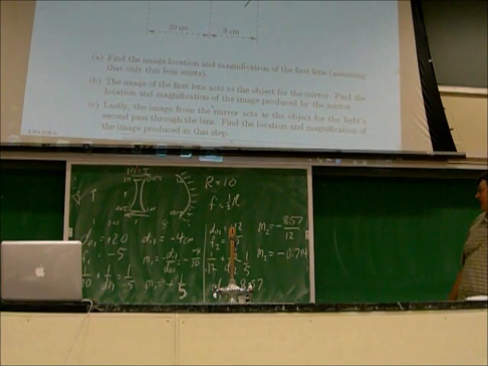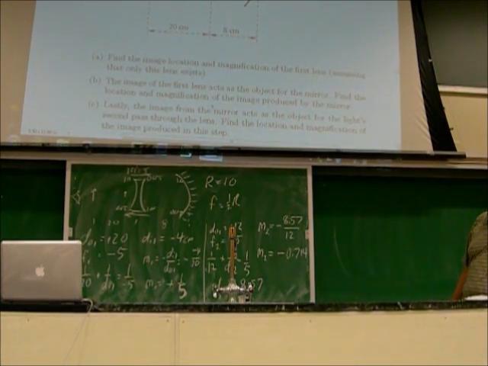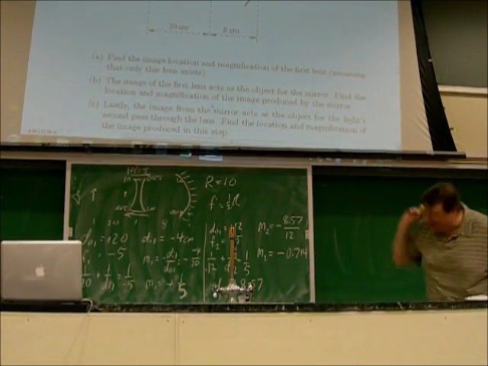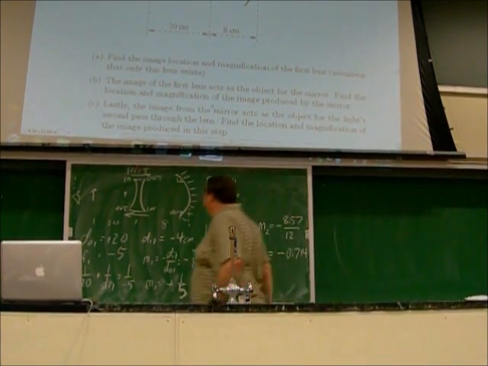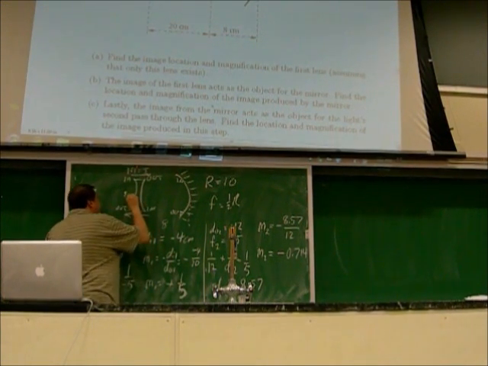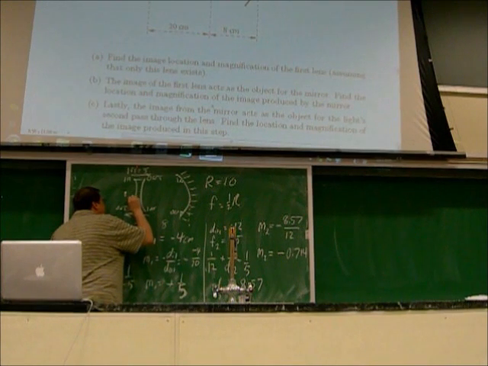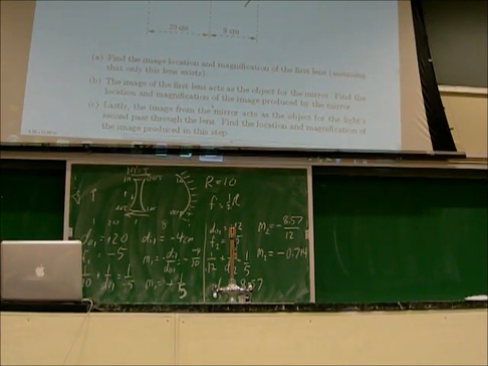It flips and gets even smaller. And where is it? Just barely to the left of the lens. So, it's yet again smaller. And it's in there. Okay? Now we're not done. Okay?